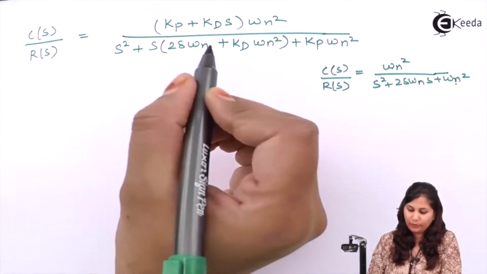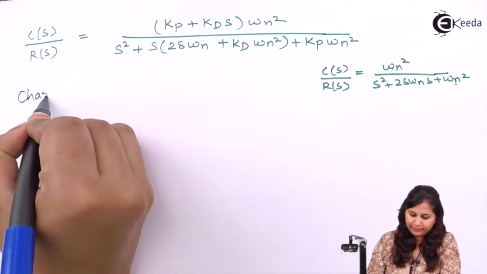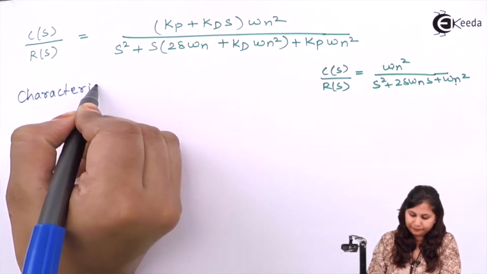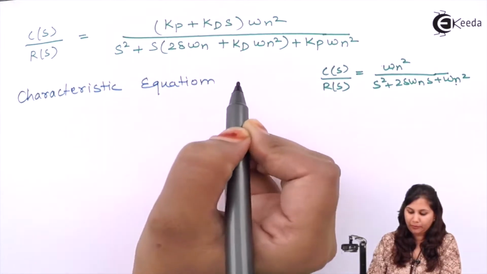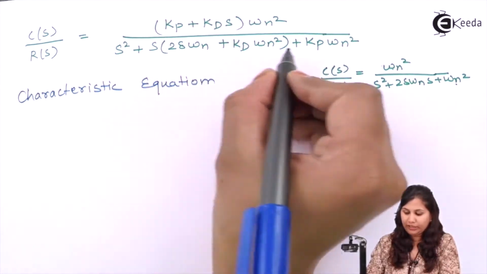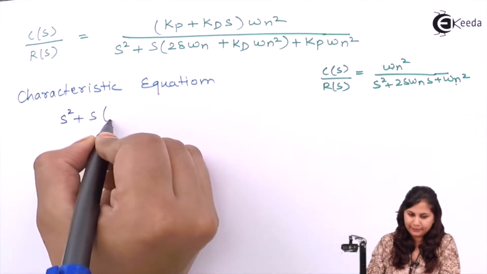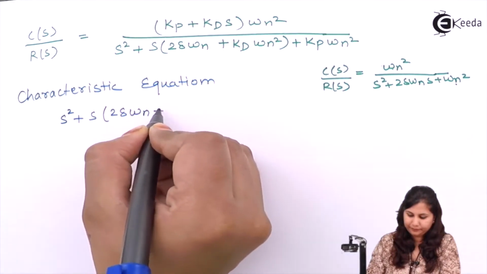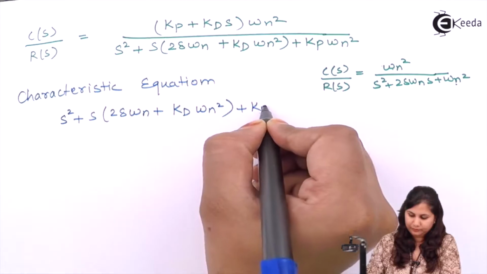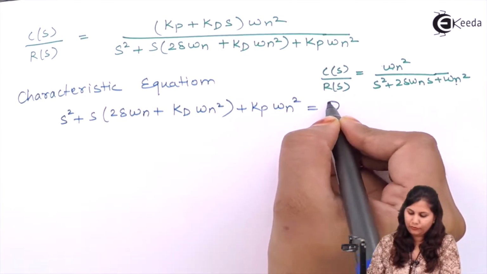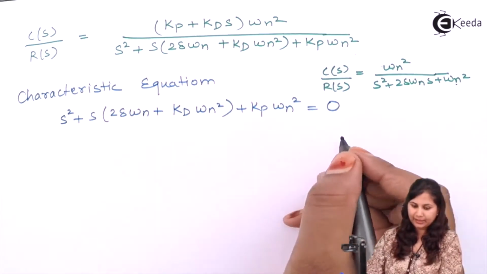Now the characteristic equation of this system is the denominator polynomial equated to 0. We have s square plus s times the coefficient plus the constant term, equated to 0, and it has become the characteristic equation.